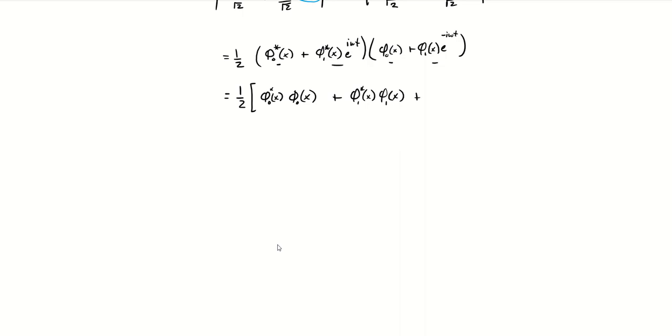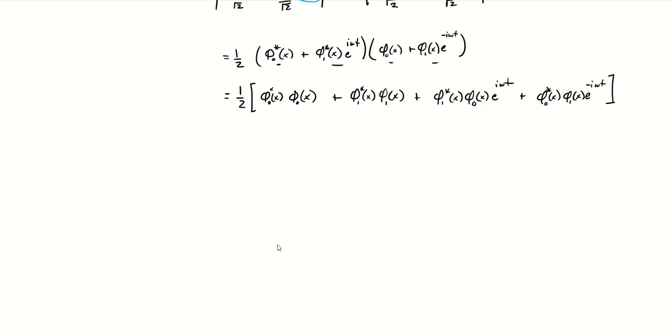But now we have the cross terms. So we have φ1(x) φ0(x) e^{iωt} plus φ0(x) complex conjugate times φ1(x) e^{-iωt}. And we have those cross terms.